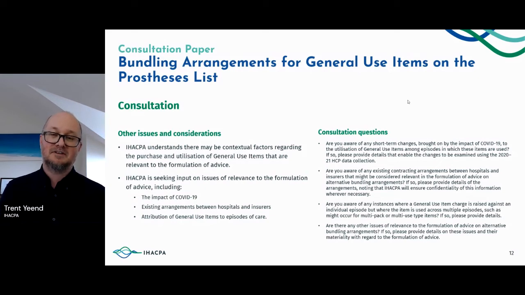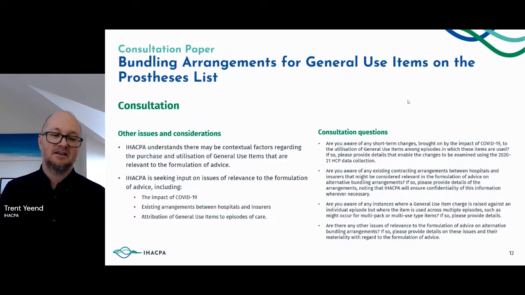And IHACPA is seeking to understand if there are specific aspects of the existing arrangements that bear relevance in this regard, whether they're technical specifications of the arrangements or whatever it might be. We just want to have an understanding of existing arrangements and how they might influence the formulation of our advice.